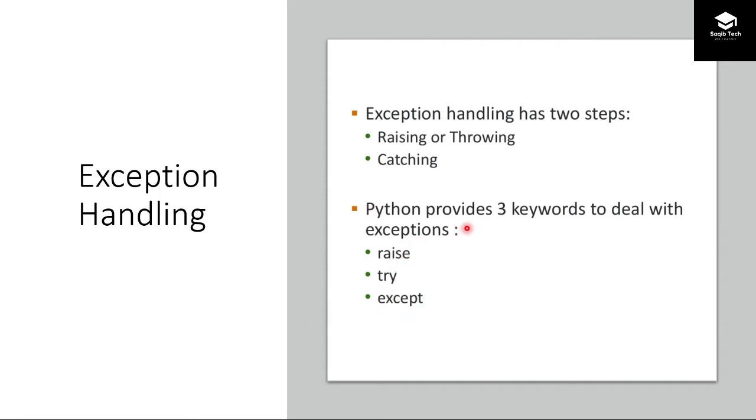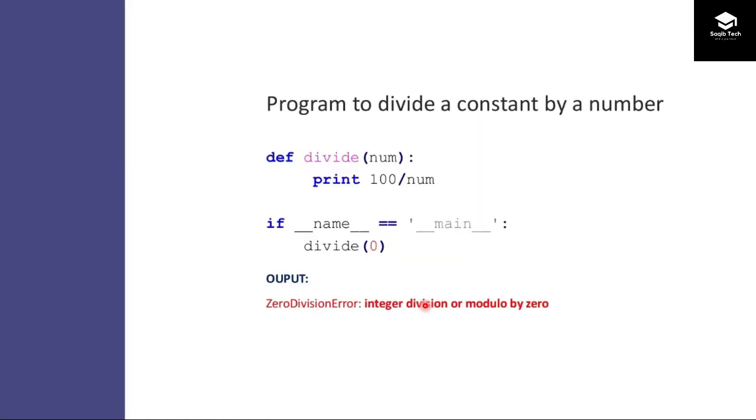Raise is used to throw an exception. Try is a block where we write code, in simple words, the code where we know an exception or error can occur, we put inside the try block. And except is a block to handle that exception. Inside the except block we write code for what we will do when the exception occurs.